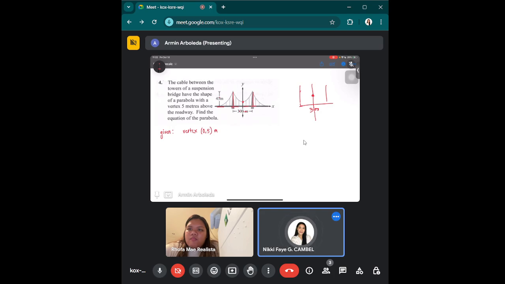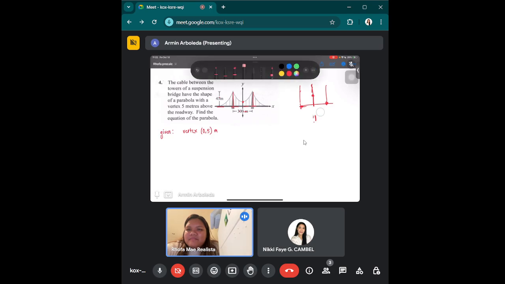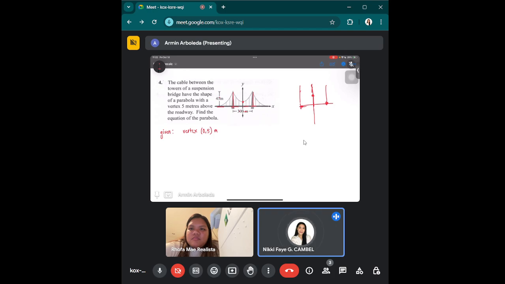Like for example, here is your y-axis, and the measurement from here to here would be 300. Then what's the point here? It's gonna be half of 300, right?